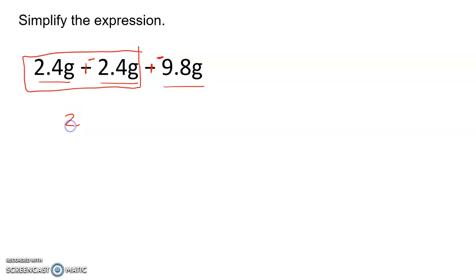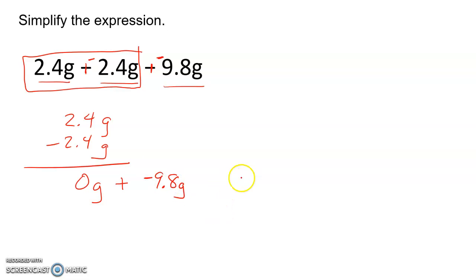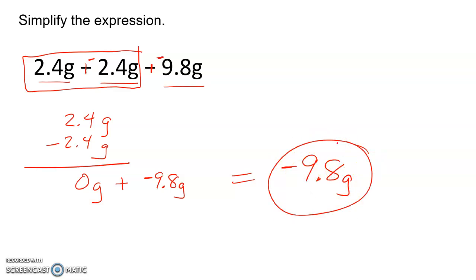If I have a 2.4 and a negative 2.4, I'm going to end up subtracting that. That's 0 G's. So if I have no G's, and I'm going to add that to a negative 9.8 G, my answer is just going to be a negative 9.8 G.